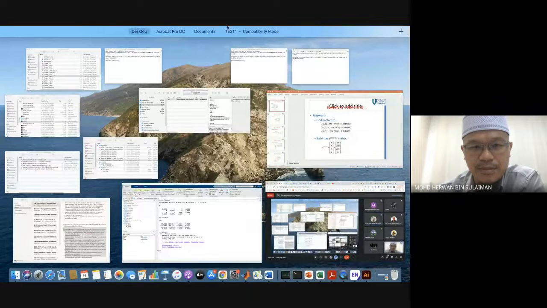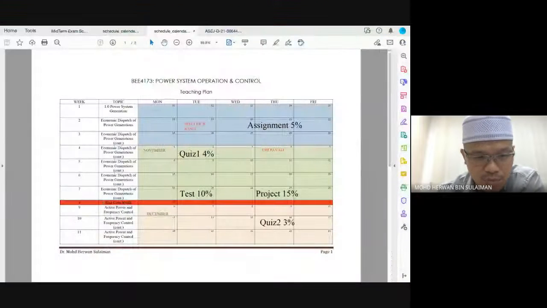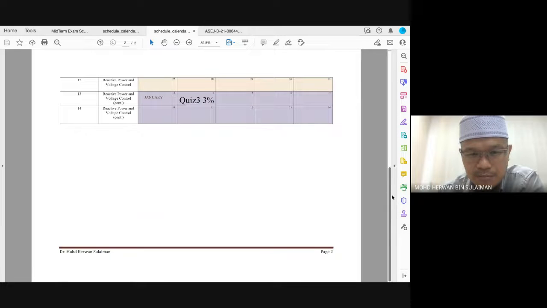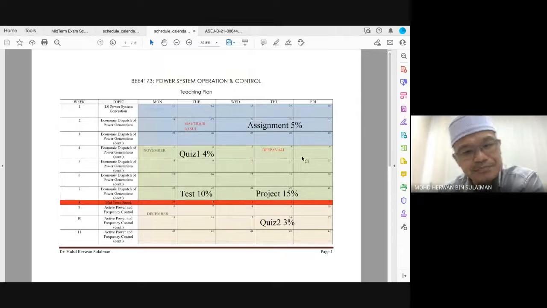Tak ada masalah kan? You midterm 29 kan? Sebelum midterm lah. And then sebelum you balik midterm saya akan bagi projek. Itu je kot. Sampai ada 3 quiz. Okay. Kalau tak ada, itu saja.